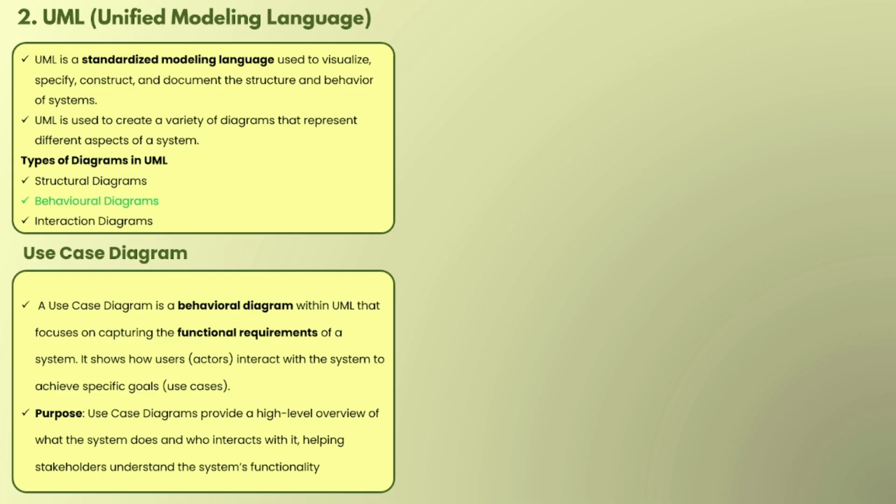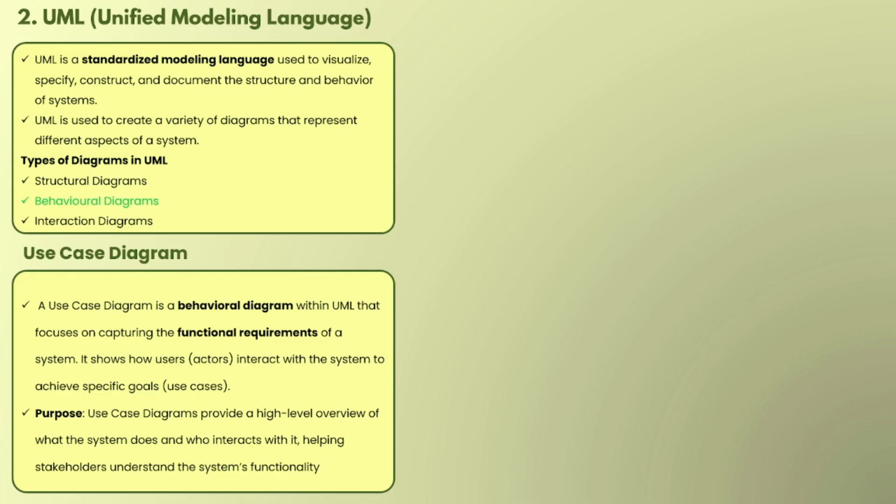In UML, we will focus on the use case diagram. It is very frequently used and popular, and every business analyst will definitely use the use case diagram in a project. Well, a use case diagram is a behavioral diagram in UML that focuses on capturing the functional requirements of a system. It shows how users, which are also known as actors, interact with the system to achieve specific goals.